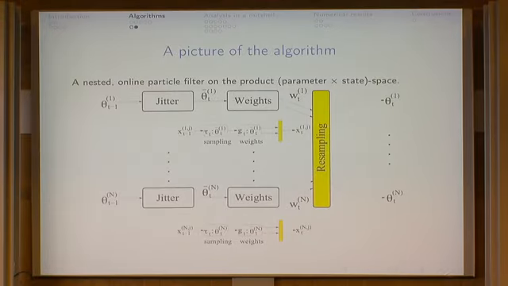Well, before trying to convince you that it will work, this is a picture of the algorithm. Actually, it's not very different from other things that are around there. It's a nested particle filter, so you have two levels of filters. Graphically, you take your sample in the parameter space, you jitter it, so you change it a little bit, obtain the theta t bar, then you compute weights.